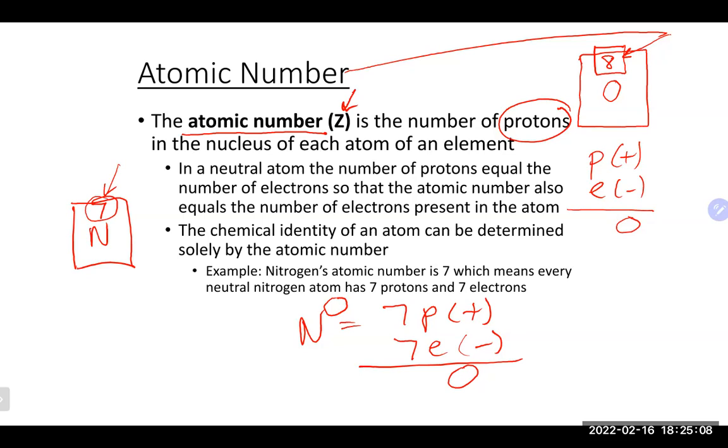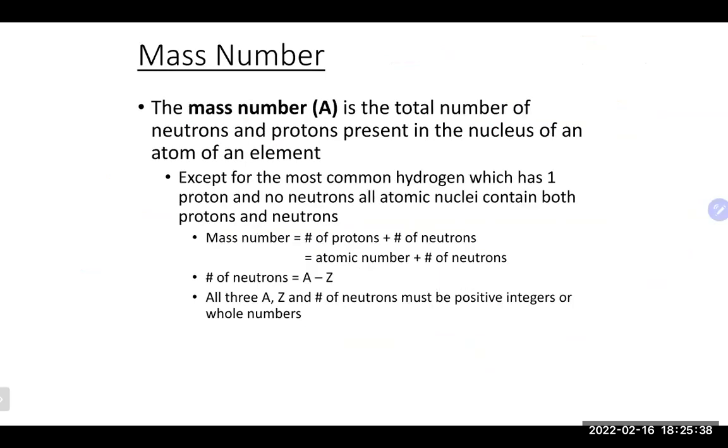If I change the protons, I am changing the element, which means I will never find an oxygen with an atomic number of 7, because I know nitrogen is actually the atomic number 7. So they'll never have that way. So if you change the protons, you change what the element is, and every element, like I said, has its own specific number.